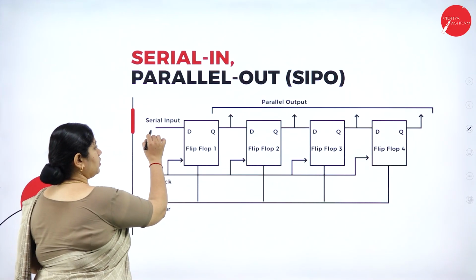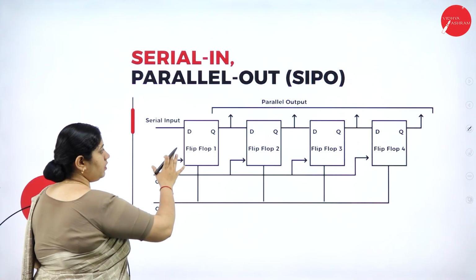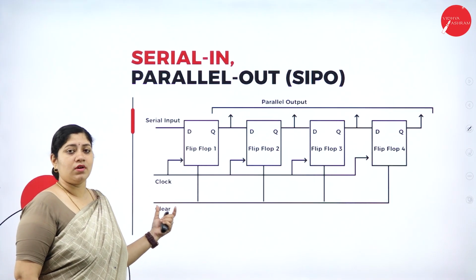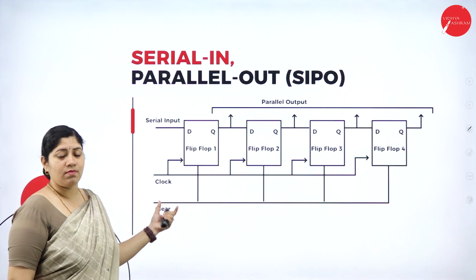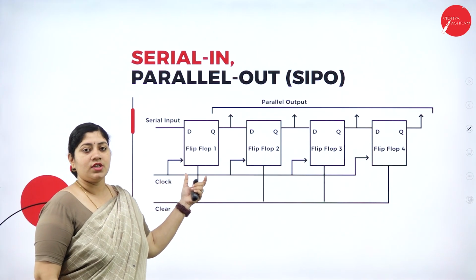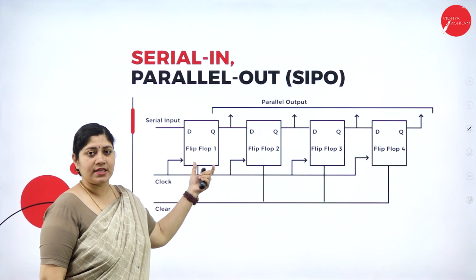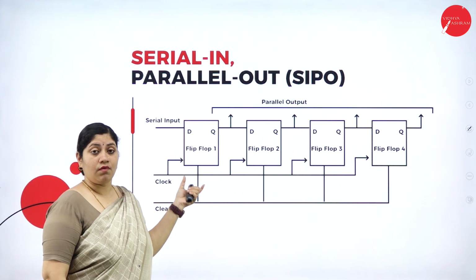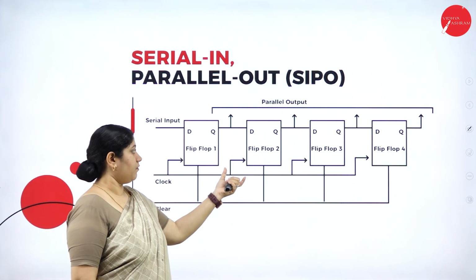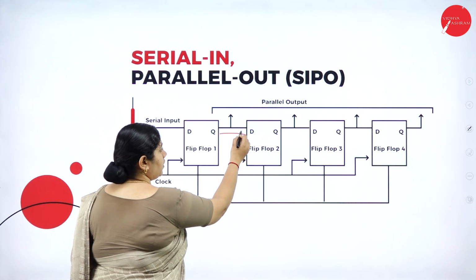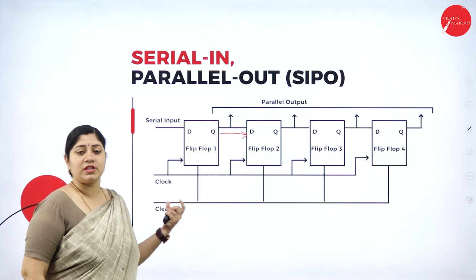The data is fed to the first stage of the D flip-flop, and whenever the clock goes high, at that time the data which is stored, or we can say the output of the first stage, will be forwarded to the next level. Here it is done whenever the clock pulse changes.